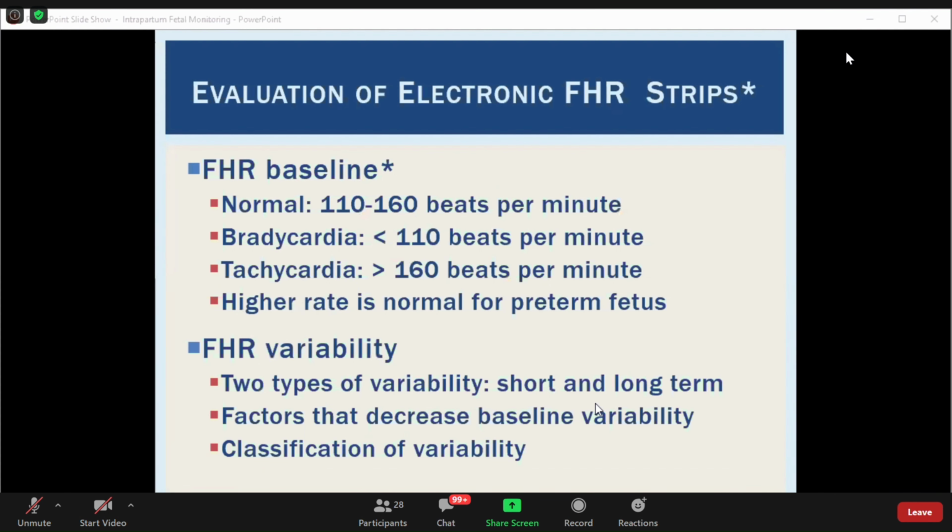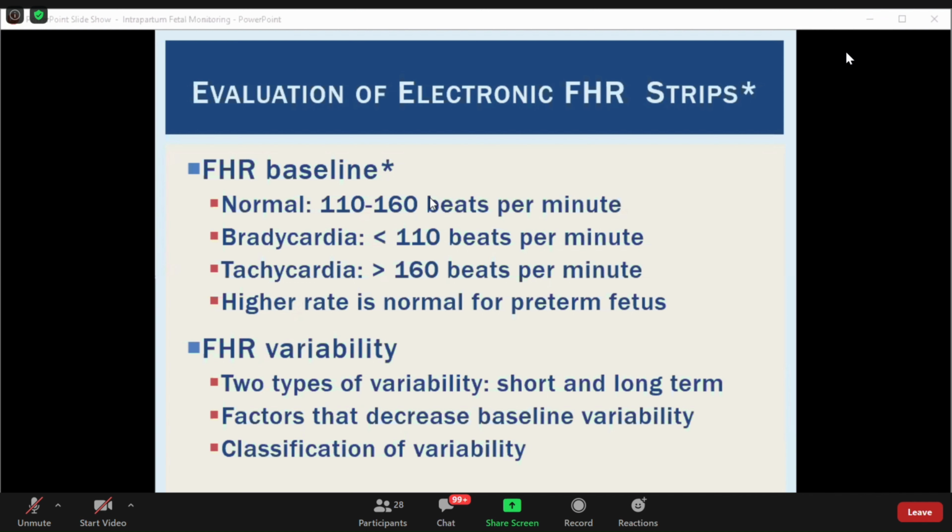So the fetal heart rate, I already told you, 110 to 160. Same terminology, even though the numbers vary from the adult ranges. Bradycardia, less than 110. Tachycardia, above 160.